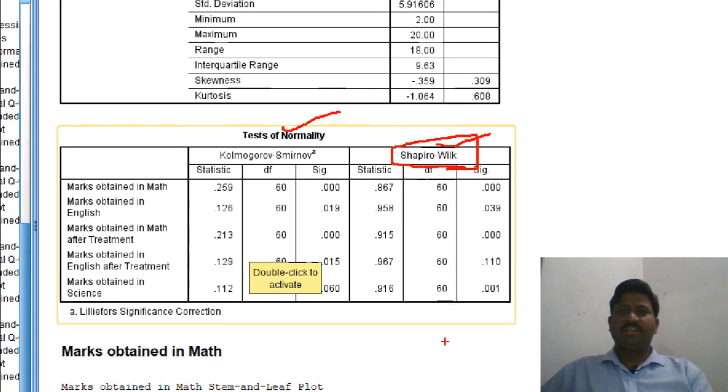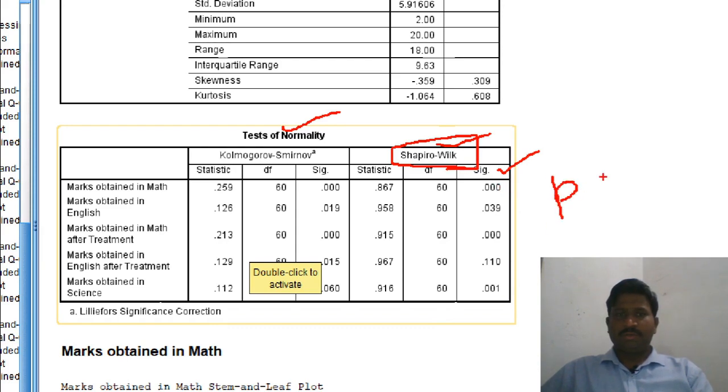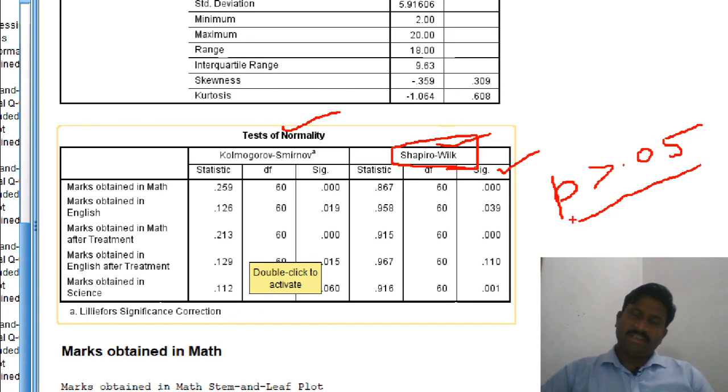This is the test to check the normality. This is the significance value. Before this method, we cannot say anything surely, but here we can say that a significance value P greater than 0.05 is normal.